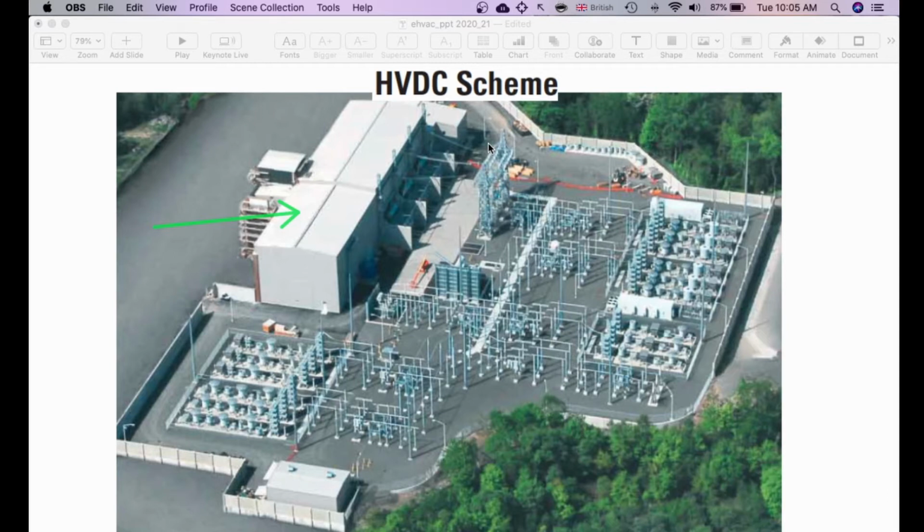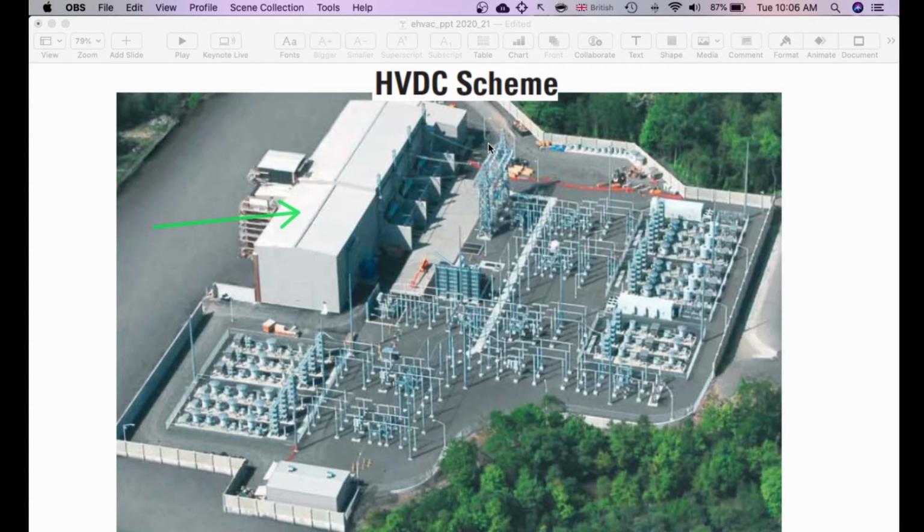In this building, it is completely air conditioned and nearly freezing conditions are created within the hall because thyristors are semiconductors and they are converting huge amount of power. This is a bulk power, maybe 1000 megawatt or 1500 megawatt. So ratings of the thyristors are also available in that range.